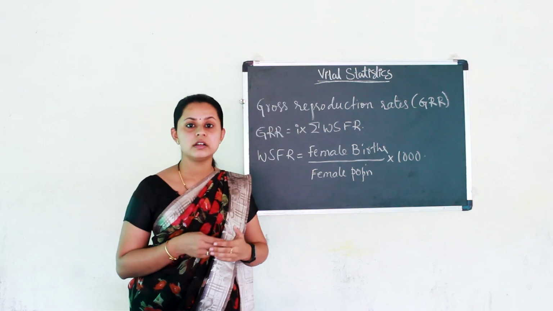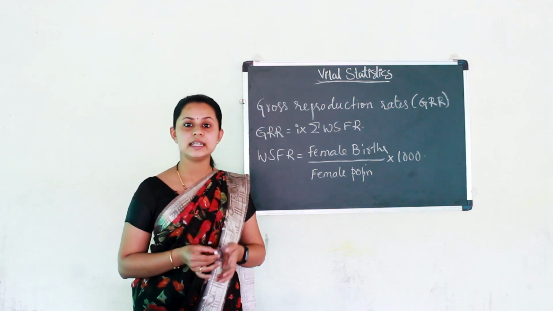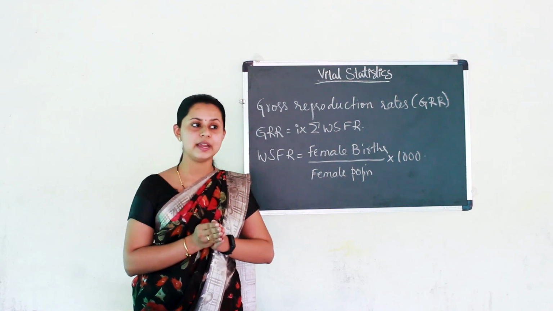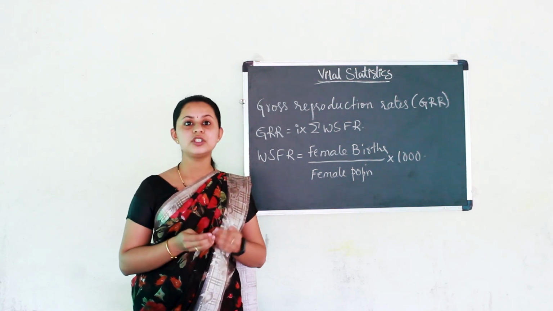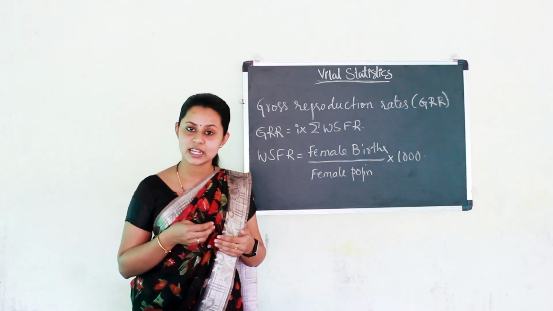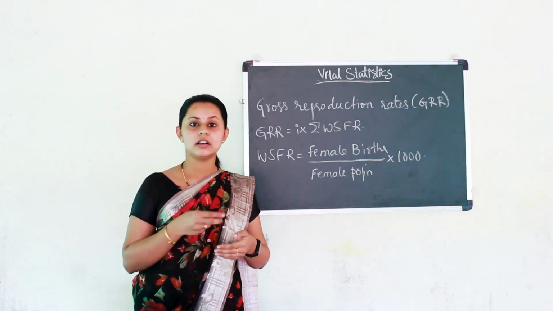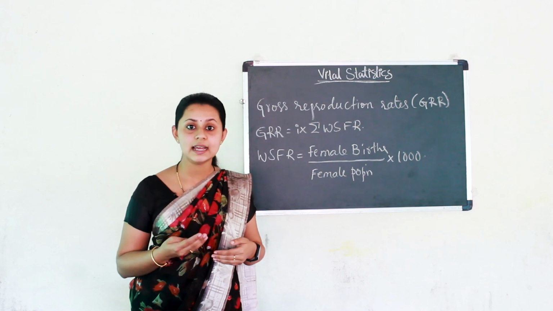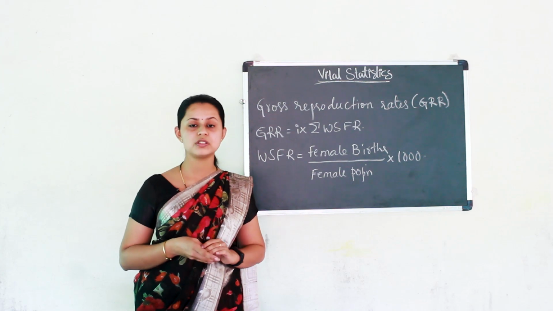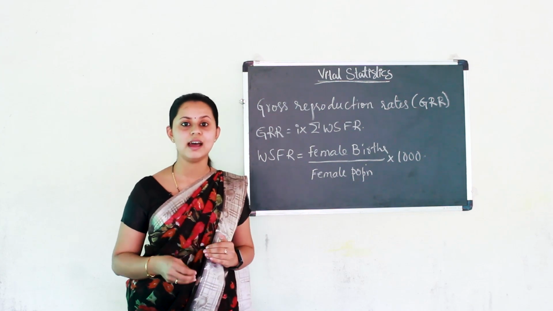If GRR per woman is equal to 1, then the population is constant or maintaining itself. If GRR per woman is less than 1, the population is decreasing. If GRR per woman is greater than 1, the population is increasing. This is about the gross reproduction rate, or GRR.